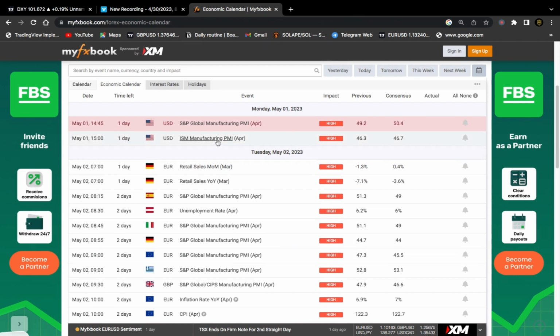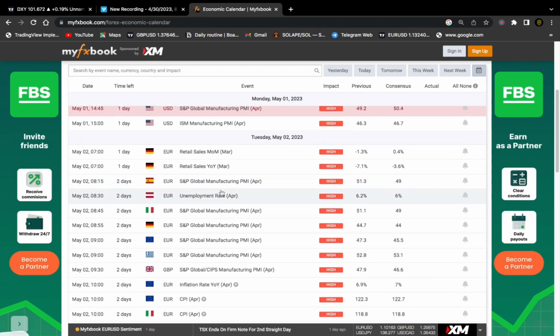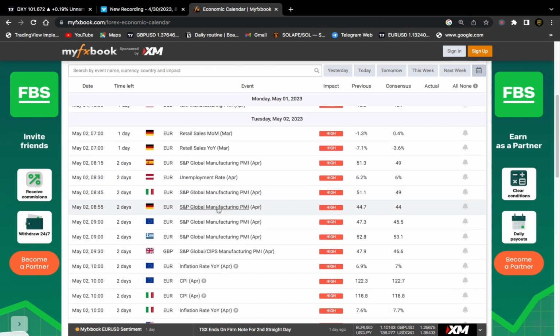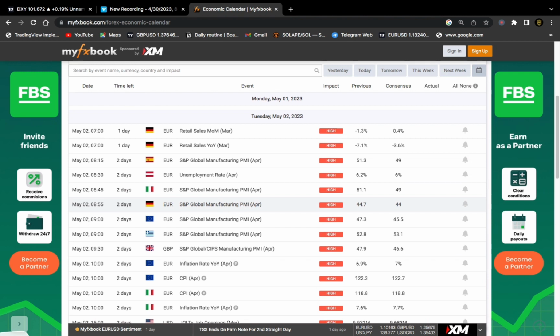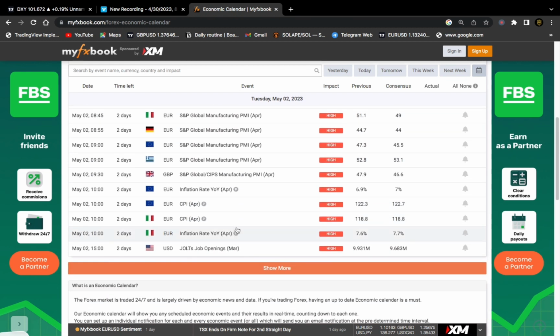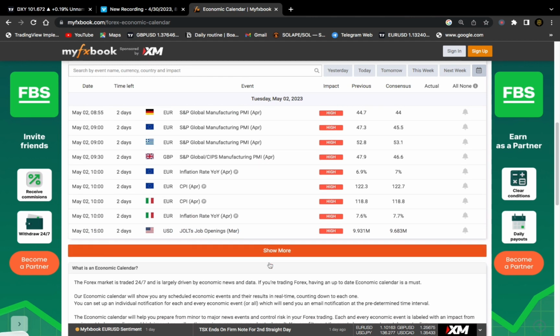On Monday we are seeing the S&P Global Manufacturing PMI and also the ISM Manufacturing PMI, which is very strong fundamental news. We're also seeing so many news on Tuesday, like the CPI coming out on Euro, the S&P Manufacturing coming out on GBP, the S&P Global Manufacturing coming out on the Euro, and we finally have the JOLTS job openings coming on USD at 3 o'clock.